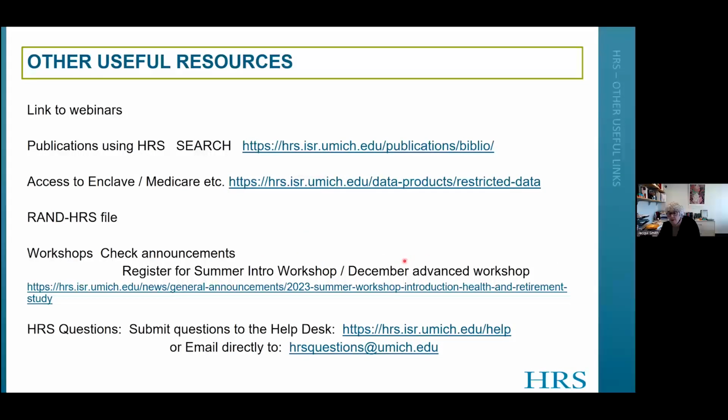And then each December, there's a web version that follows up on specific topics. And we have a help desk. If you're starting and you get stuck and you don't know what to do, either email this address and someone will send you a response and help you along, or you can also submit it online.